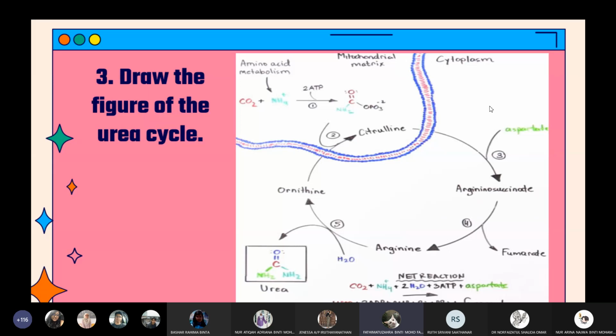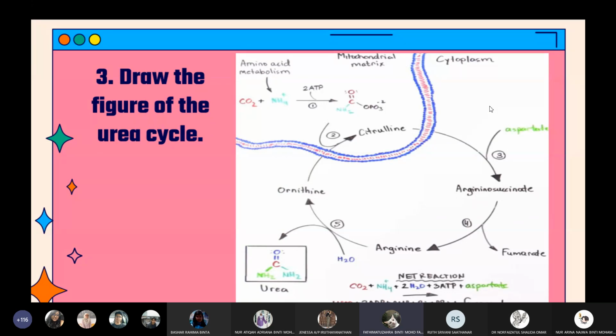After the formation of carbamoyl phosphate, it combines with ornithine. Ornithine is actually the product of the last step in the urea cycle. This ornithine combines with carbamoyl phosphate to produce citrulline. This reaction is catalyzed by the enzyme ornithine transcarbamylase.